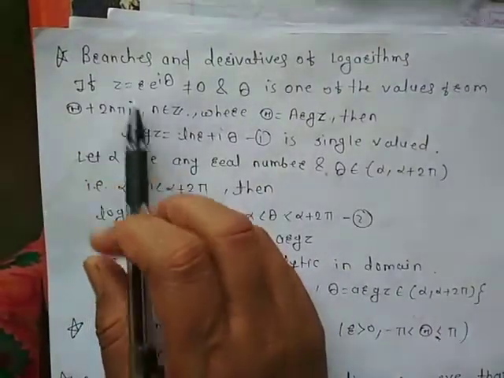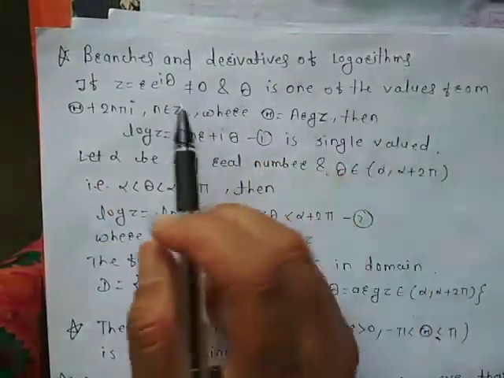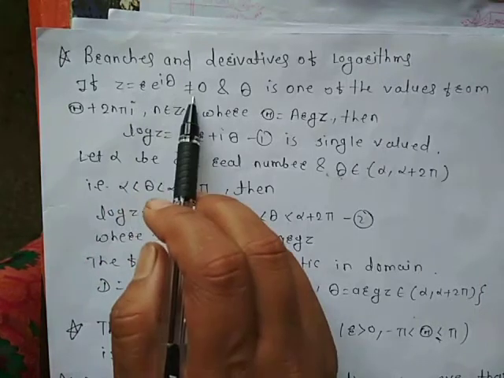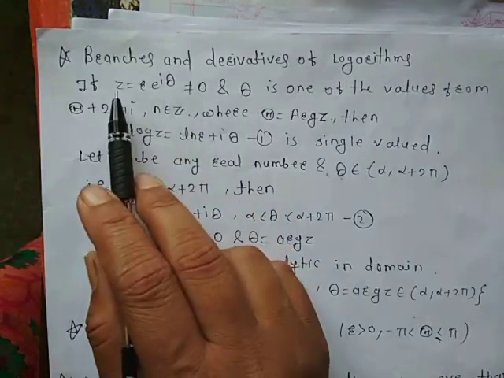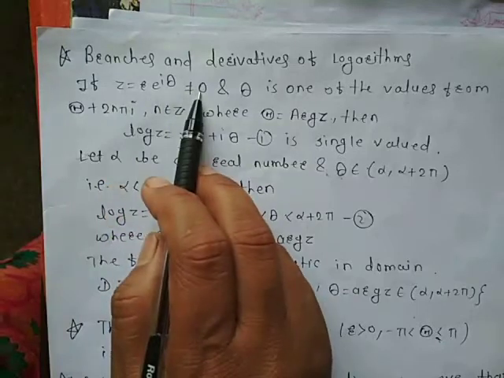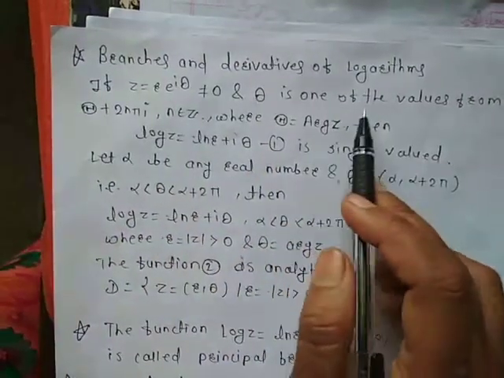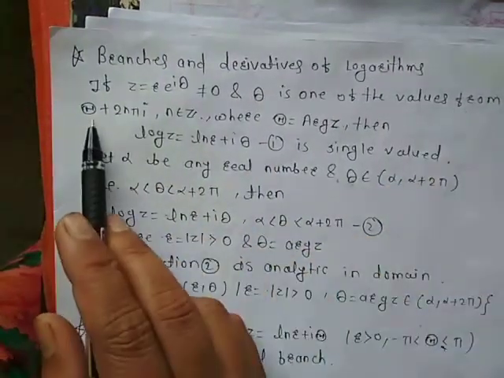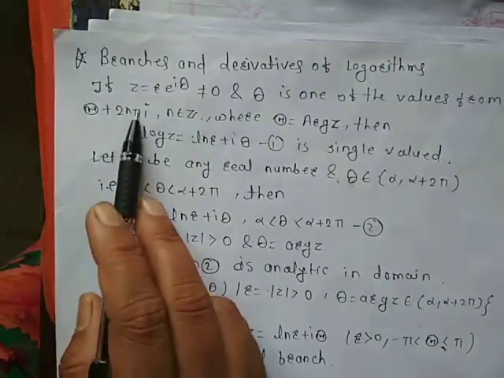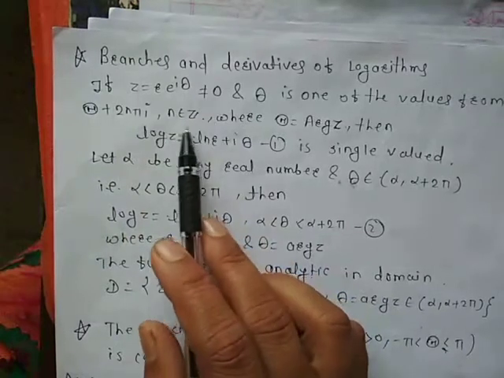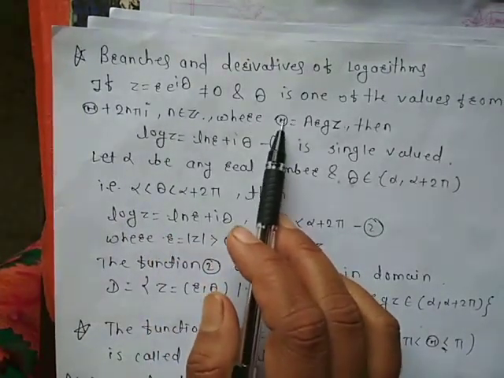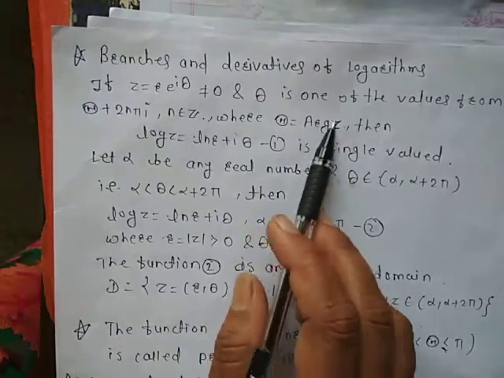The next topic is branches and derivatives of logarithm. If z is any non-zero complex number and theta is one of the values from the principal value plus 2n pi, n belongs to Z, where this is equal to the argument of z.